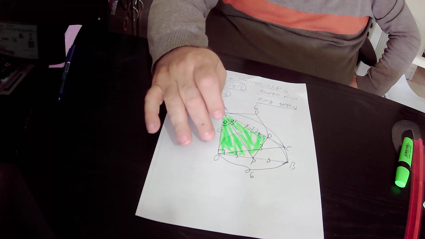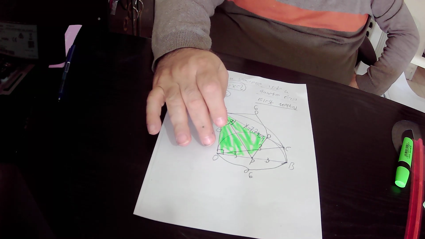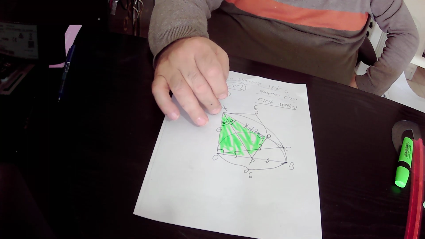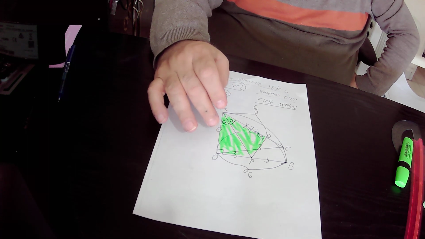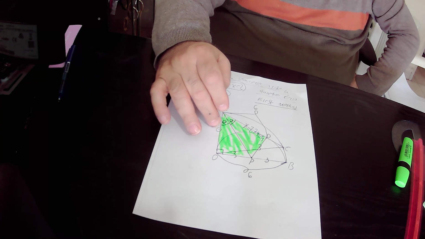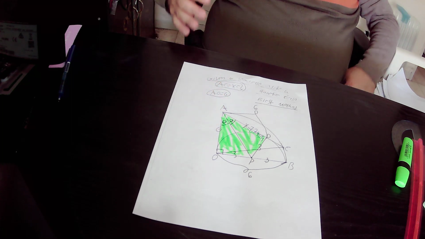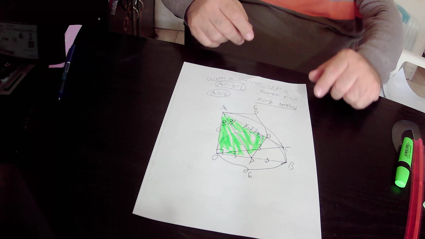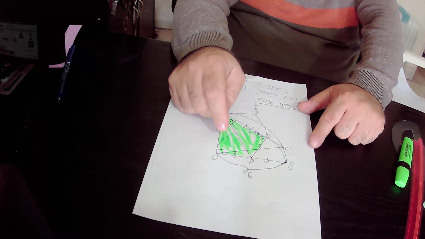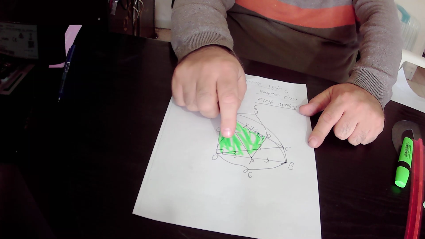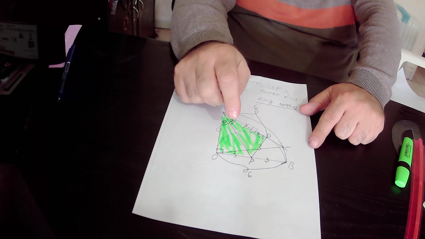So point O is the center of the quarter circle. Point A is a point on the quarter circle itself. This is exactly the definition of a radius. That is to say, AO is the radius of the quarter circle, which is equal to 6 units according to what is given in the question. For the same reason, OB is also the radius of the quarter circle, equal to 6 units.